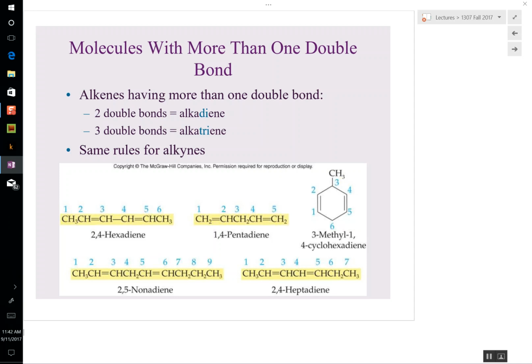When you see diene in a name, you're using the di prefix like you would in front of dimethyl, but it's a diene. And you're putting two numbers there, and those numbers are the carbons on which each of those double bonds begins. 2,4-hexadiene.